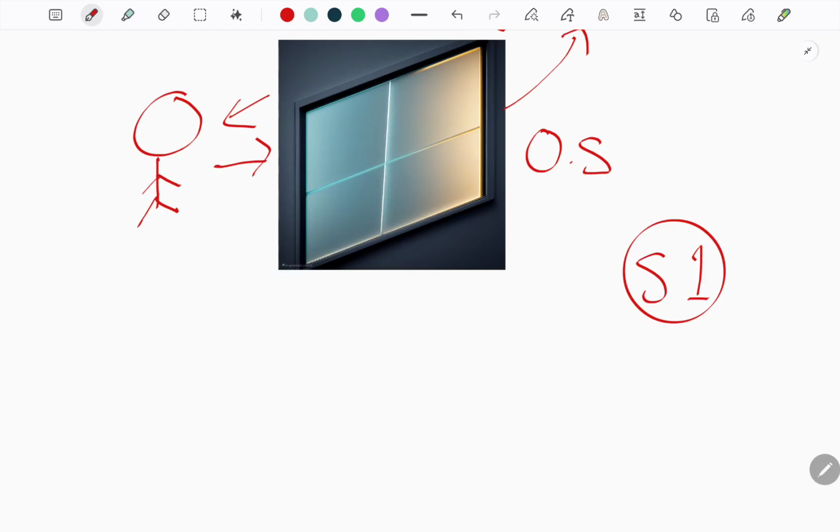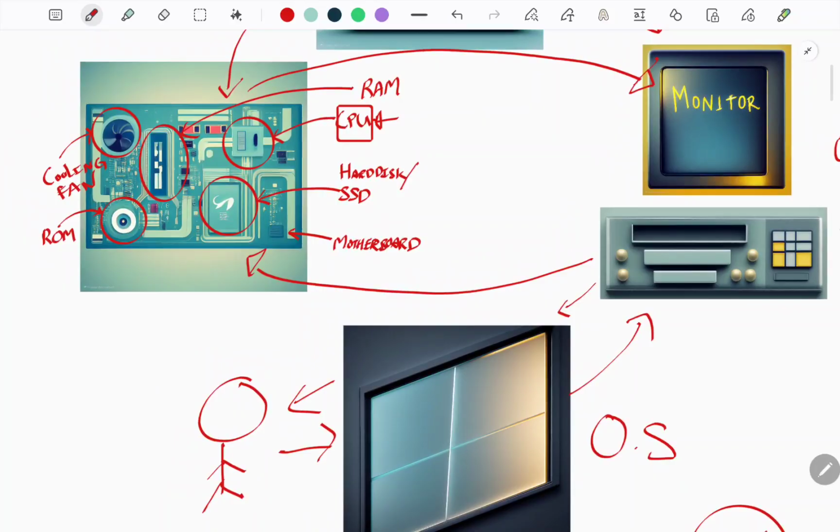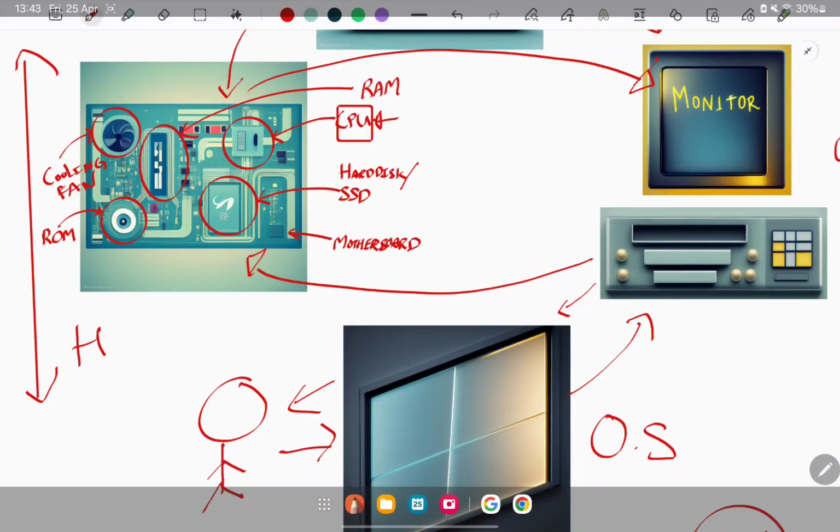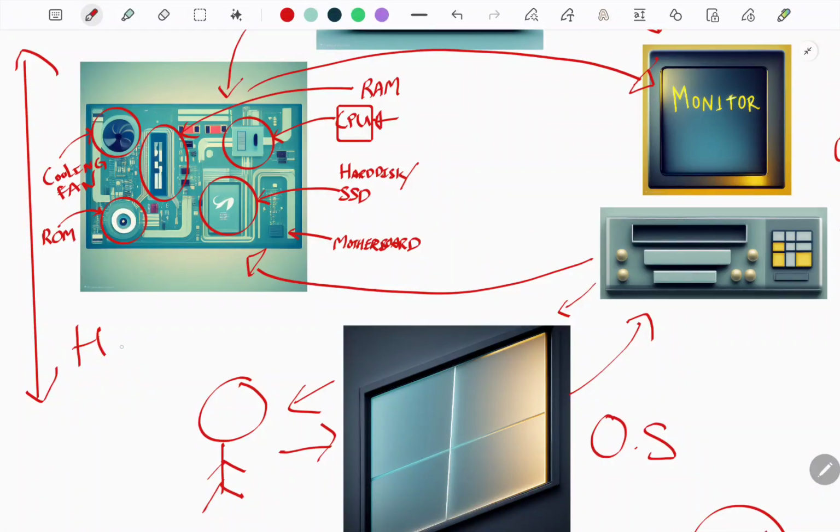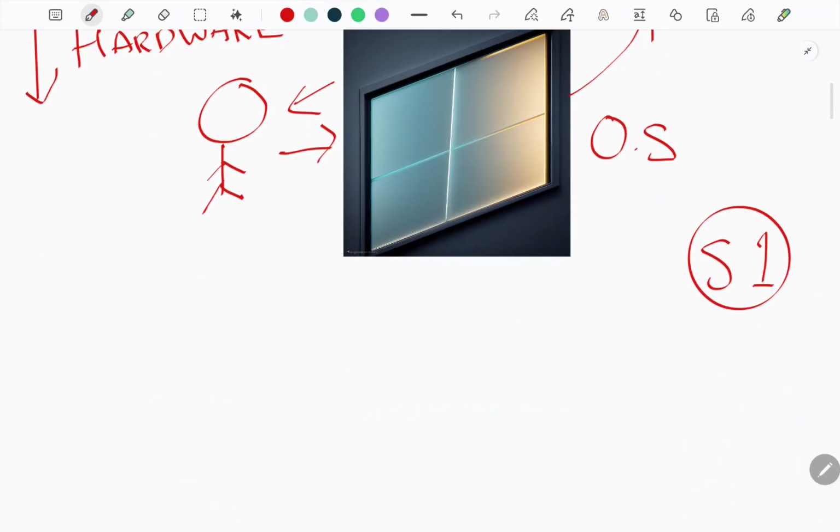Hardware already done. All of these from over here to here is the hardware. Now we are moving into the software, which starts from the second section.